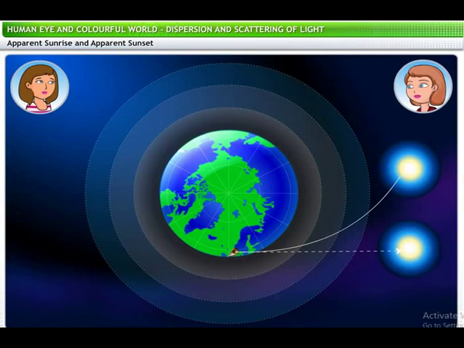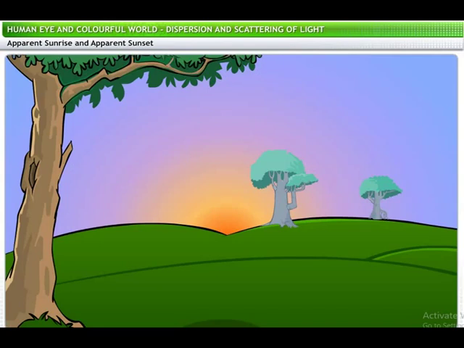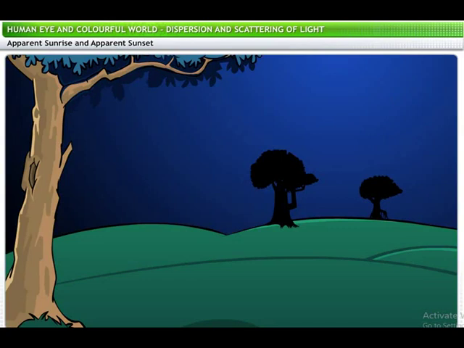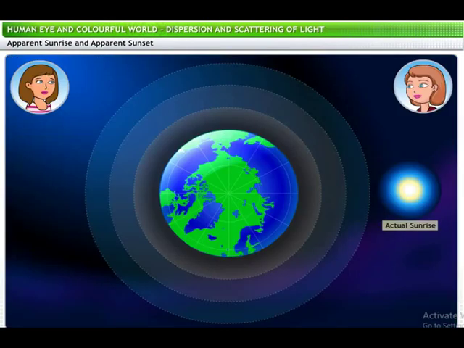This happens because atmospheric refraction causes astronomical objects to appear higher in the sky than they really are. Similarly, sunset occurs shortly after the sun crosses the horizon. How does this really happen?